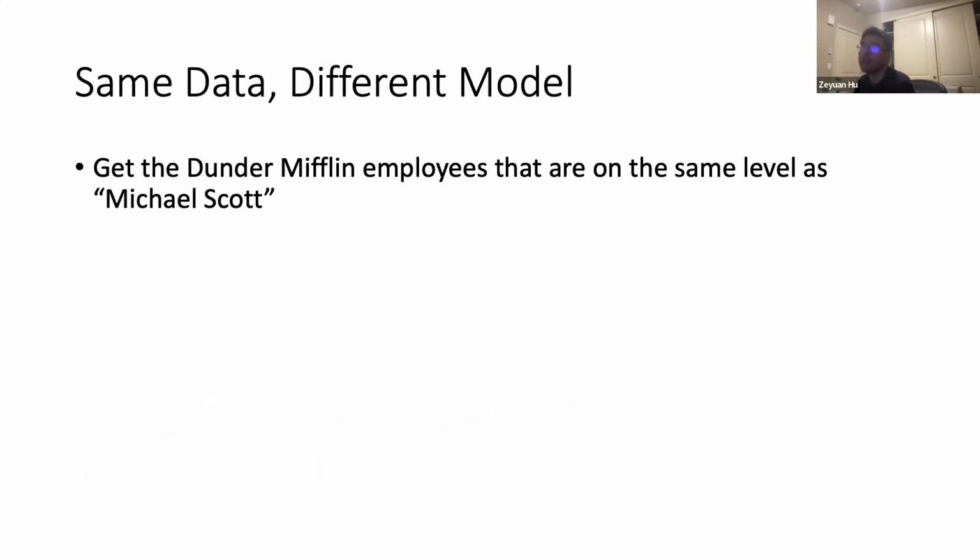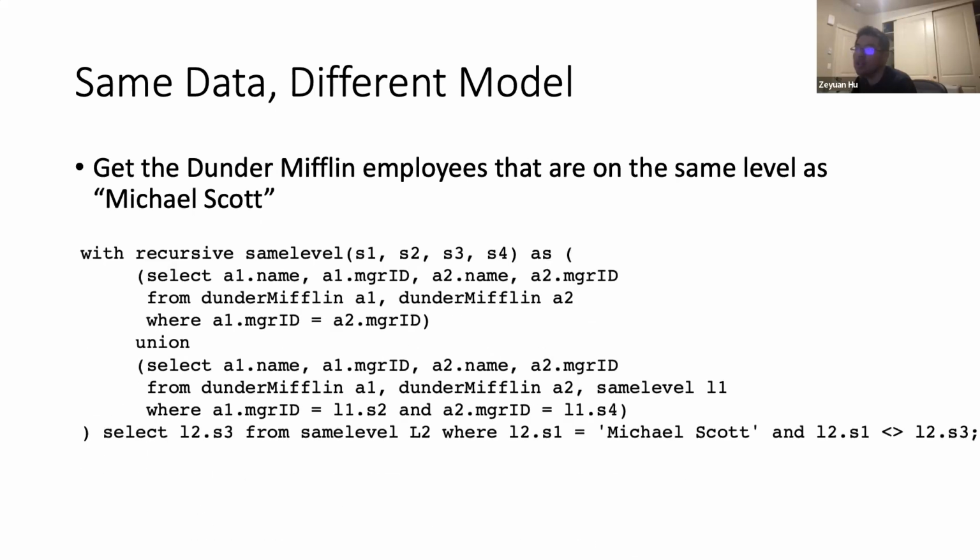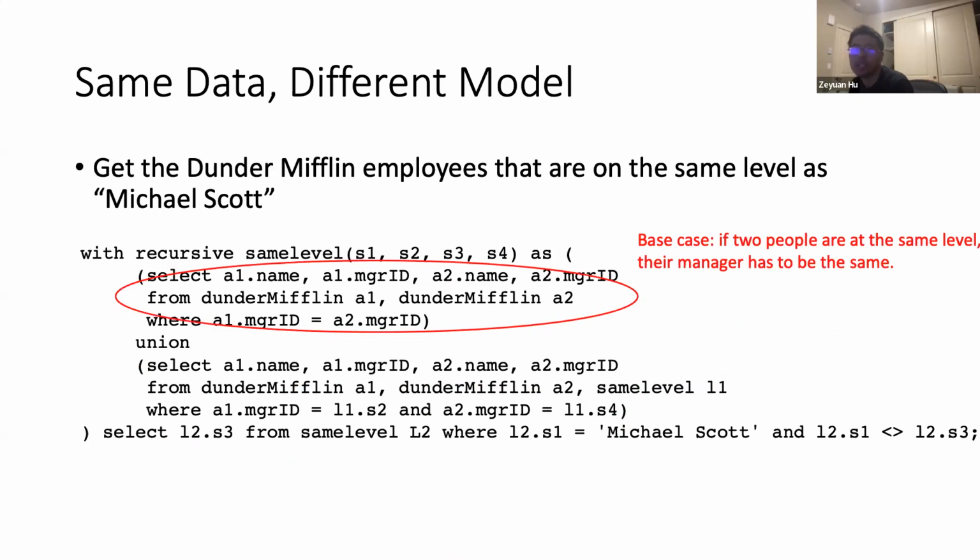So let's take a look at another query: get the Dunder Mifflin employees that are on the same level as Michael Scott. Exactly the same query, but we want to implement it on the relational model. You can see this is much more complicated than the corresponding Cypher query. This is called recursion in SQL.